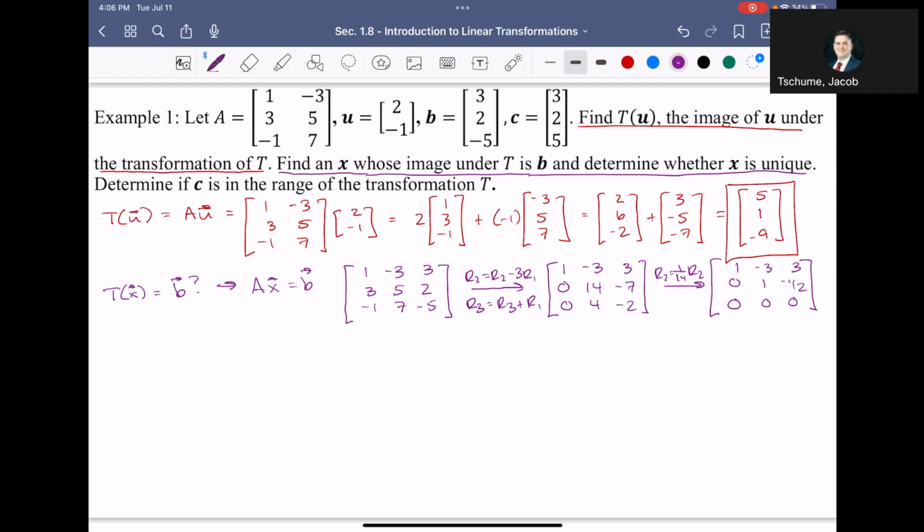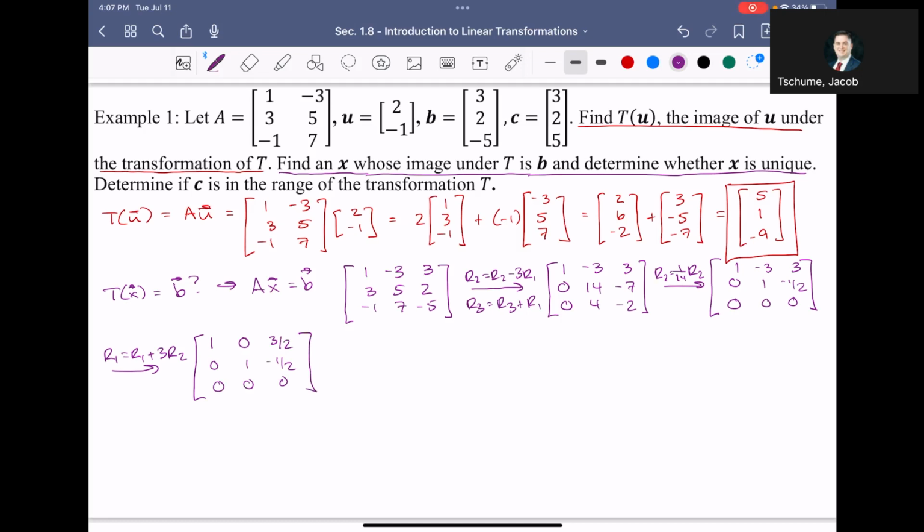Finally, I need to get rid of the negative 3 in the top row. So I'm going to take row 1 and add 3 row 2s to that, which will give me 1, 0, and then 3 minus 3/2 is going to be 1.5 or 3/2. And then 0, 1, negative 1/2, and 0, 0, 0.